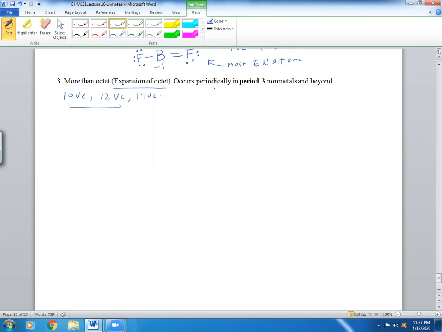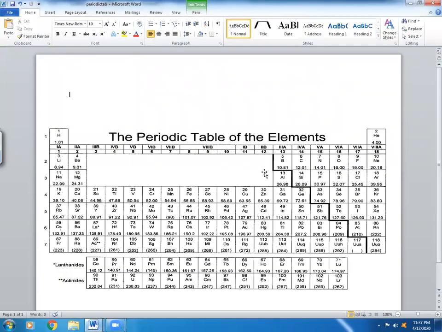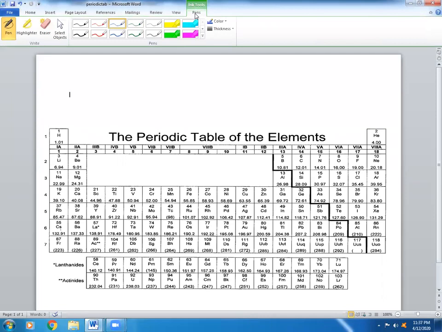And this occurs in period 3, nonmetals and beyond. So very critical. Look here. This is period 3. Nonmetals. This is period 3 right here, where n equals 3, basically.